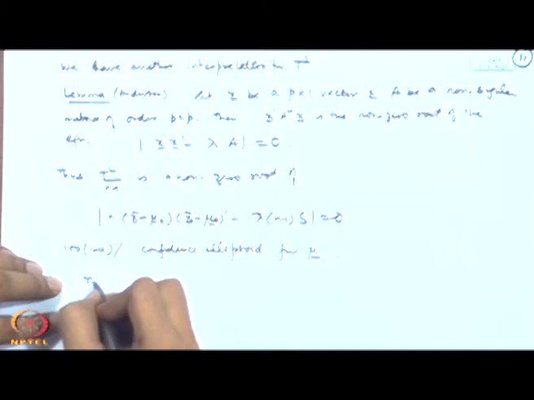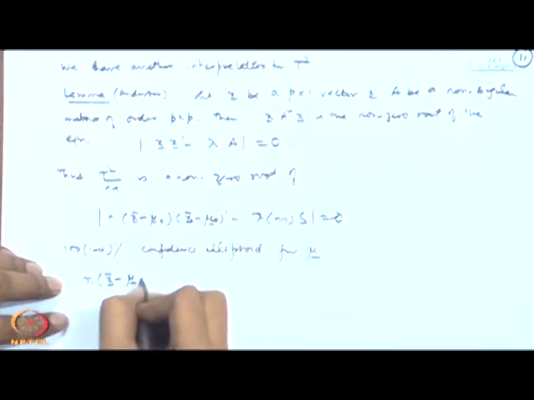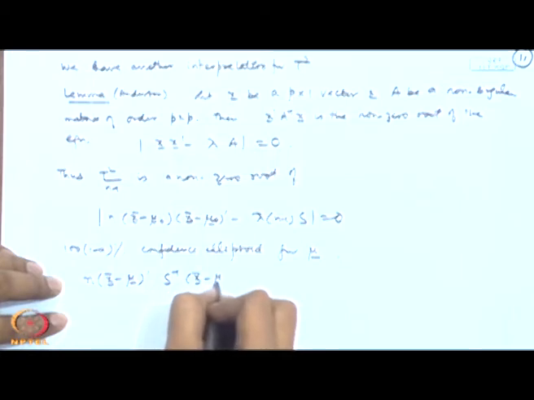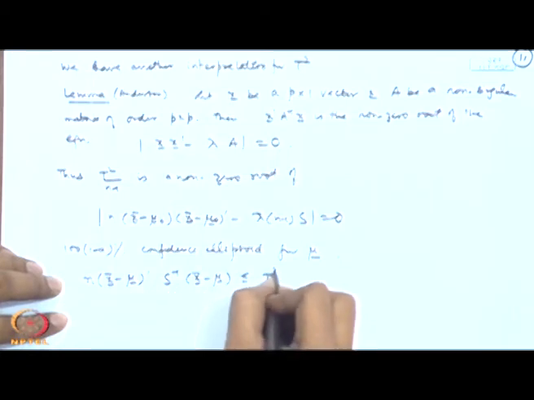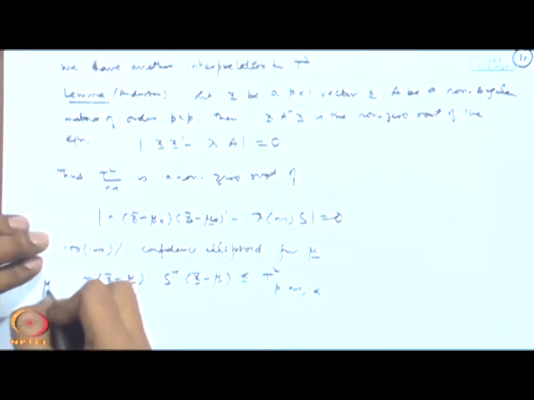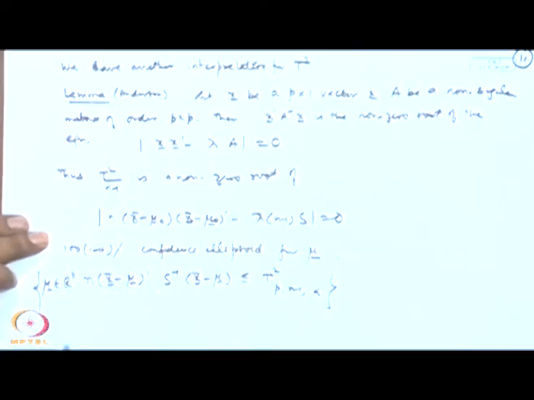This will be n (x bar minus mu) prime S inverse (x bar minus mu) less than or equal to T square p, n minus 1, alpha, the set of all the mu's in R p satisfying this condition. This set is the confidence region for mu here. As we have given the interpretation earlier, this is an ellipsoid in the higher dimensional space.